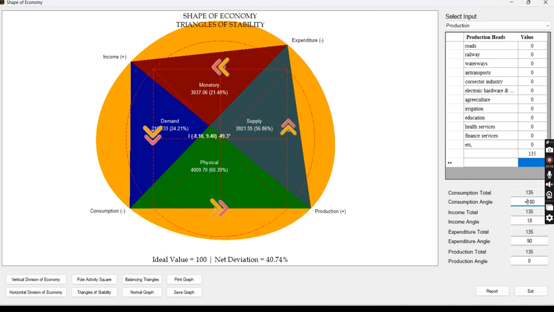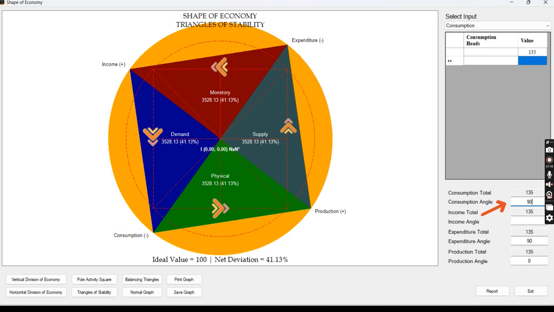So I know what deviations are taking place and how it is affecting the growth of the economy. Now there is a more meaningful interpretation of change in angles of income expenditure, consumption and production.